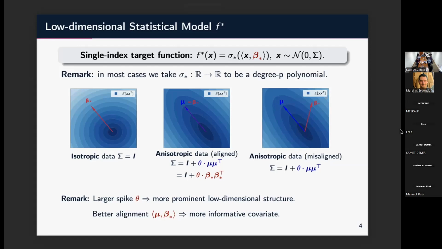The question I want to answer is, how does the spike magnitude, which is controlled by theta, and the alignment between mu and beta star, the angle between these two unit vectors, determine the performance of the neural network? How do these parameters affect the performance of the neural network?